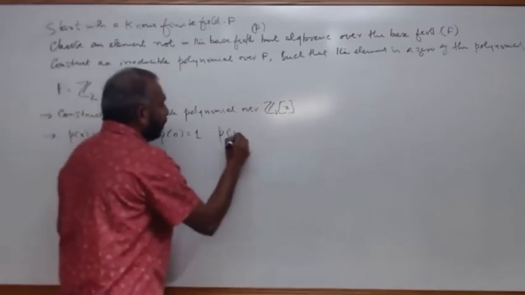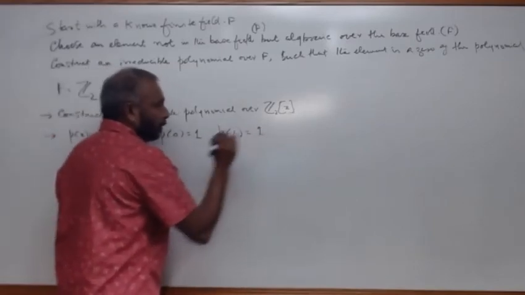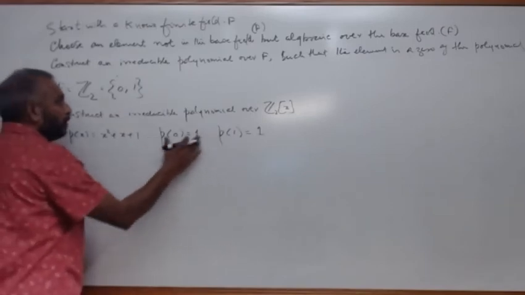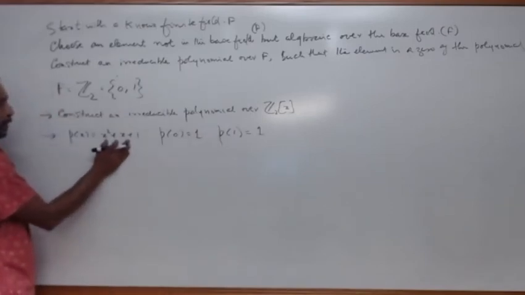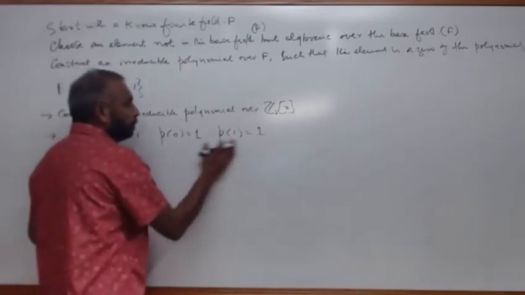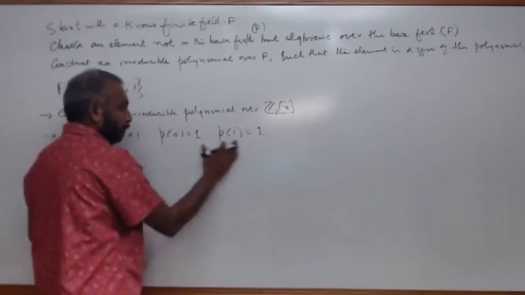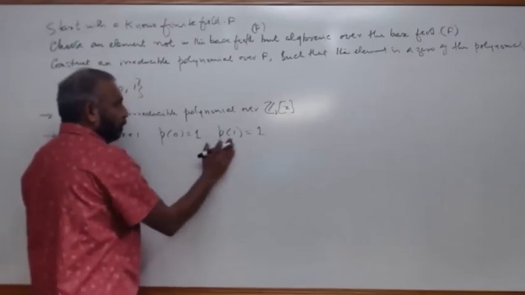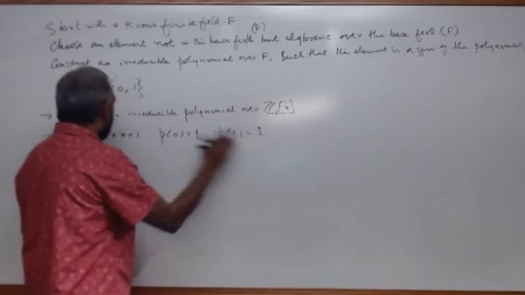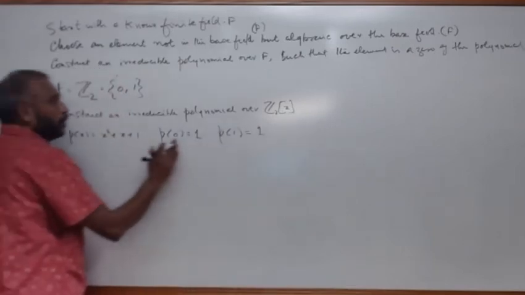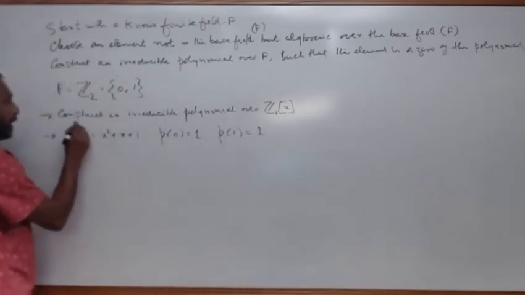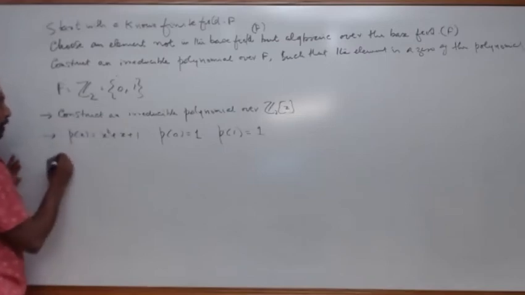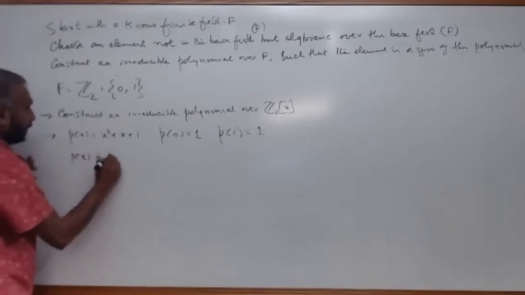P(1) is again 1. Those are the only values you can put in here. So none of the values of those 2 elements over this polynomial is equal to 0. So this is an irreducible polynomial. So P(x) is irreducible.